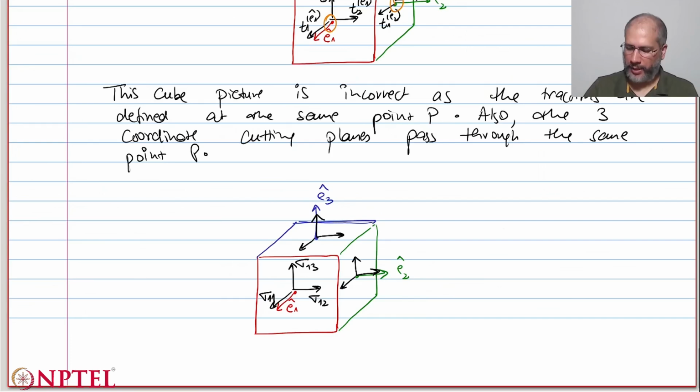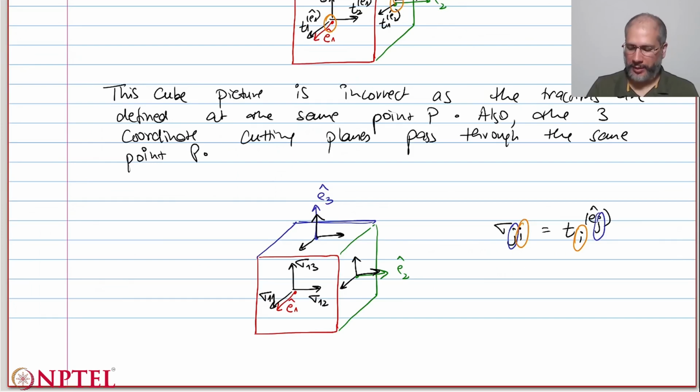This is because we had defined sigma ji as Ti on Ej hat. So the first index is the index of the cutting plane, and the second index is the component of the traction vector.